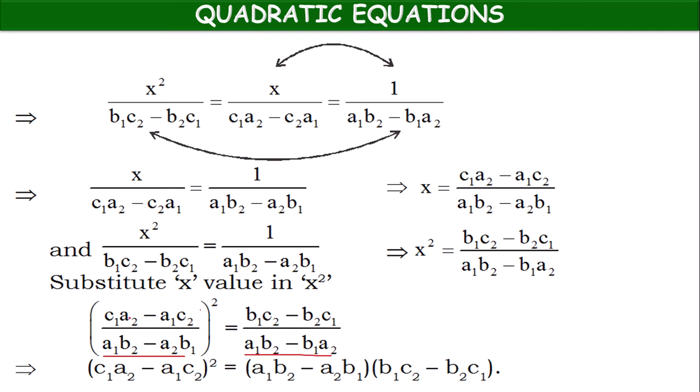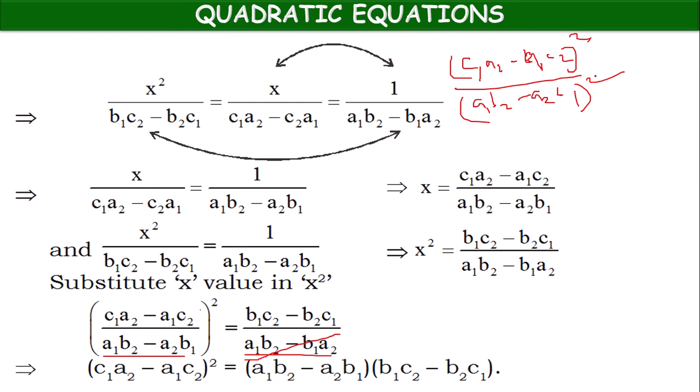So if we write separately, (c1a2 - a1c2)² by (a1b2 - a2b1)² will come. But on the right hand side we also have the same denominator term. So if we cancel it, it will be cancelled one time, so only one time will remain.